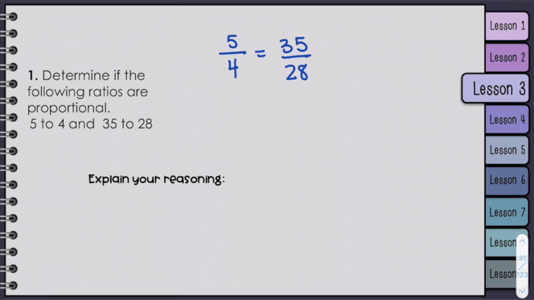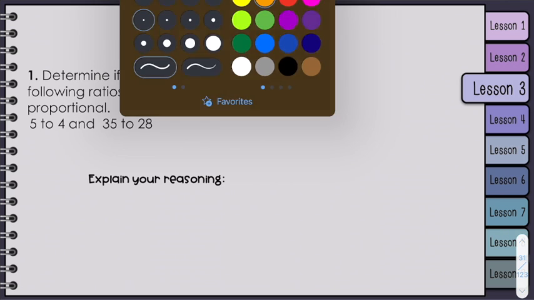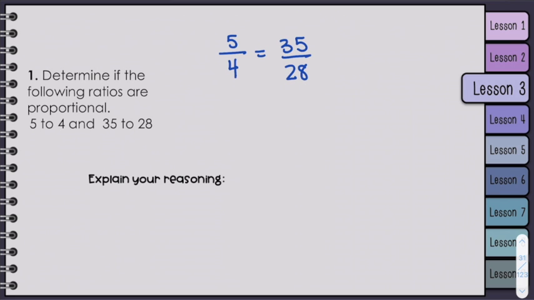All right, so I want to see if my cross products are the same. That means I am going to multiply 5 and 28 and 4 and 35. When I multiply 4 and 35, I'm going to get 140. 5 times 28 is also 140.